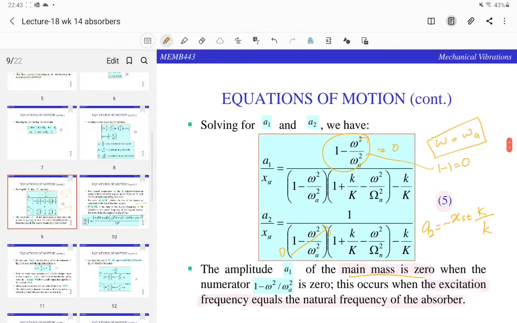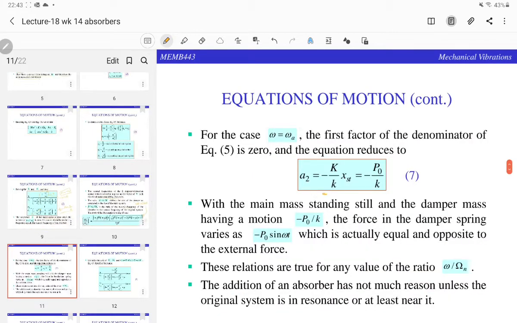So this equation and this equation. You can also see that K X_ST is actually equal to your P naught. So this is what we said earlier.